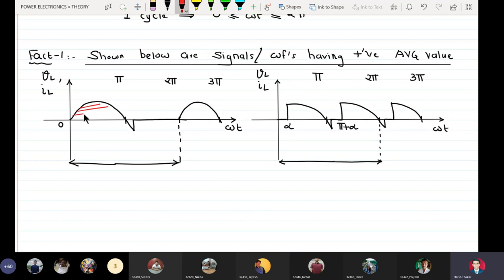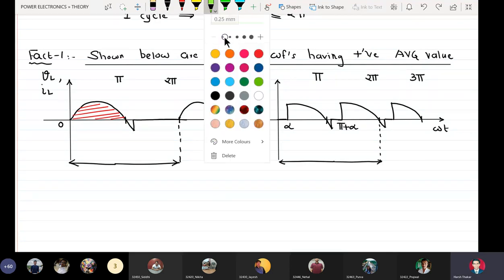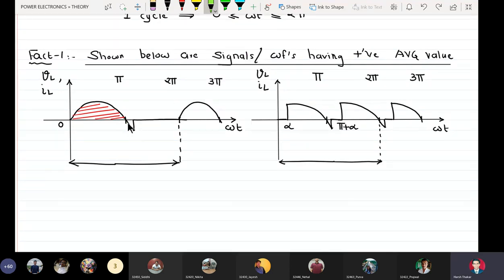Okay, so if we represent area above as this and area below as this, the resultant is positive. So this is an example of an uncontrolled rectifier wherein actually there should not be any output in the negative half cycle, but there is some small portion, which I will tell you is because of the existence of an inductance on the load side.